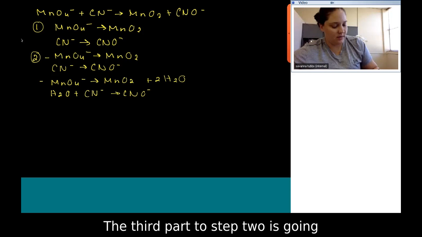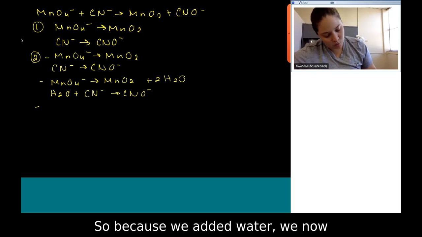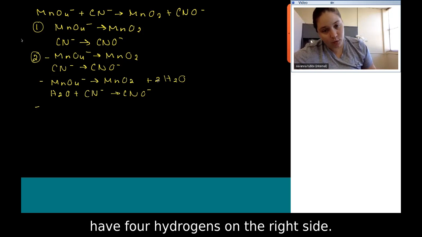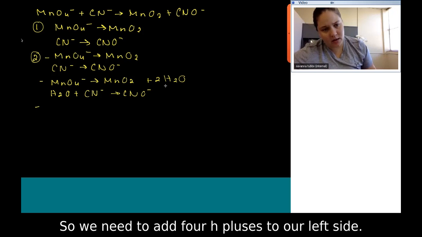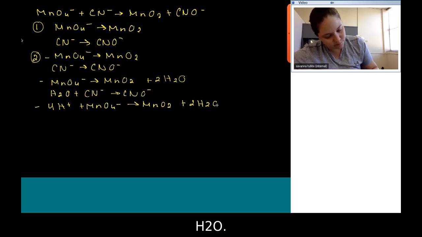The third part to step 2 is going to be to balance your hydrogens by adding H plus. So because we added water, we now have 4 hydrogens on the right side. So we need to add 4 H pluses to our left side. So we get 4H plus plus MnO4 minus yields MnO2 plus 2H2O.